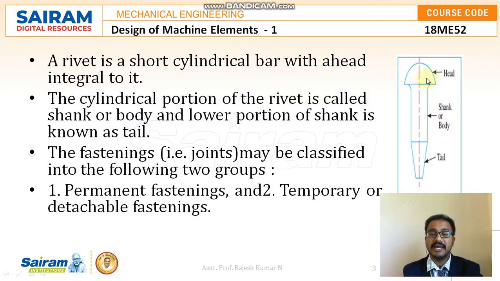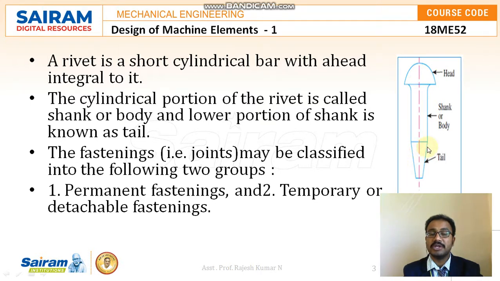The cylindrical portion of the rivet is called the shank or body. Technically we use the word shank instead of body, and the lower portion of the shank is the tail. So we can remember this as a cylindrical body with a head on its top and a tail at its bottom.